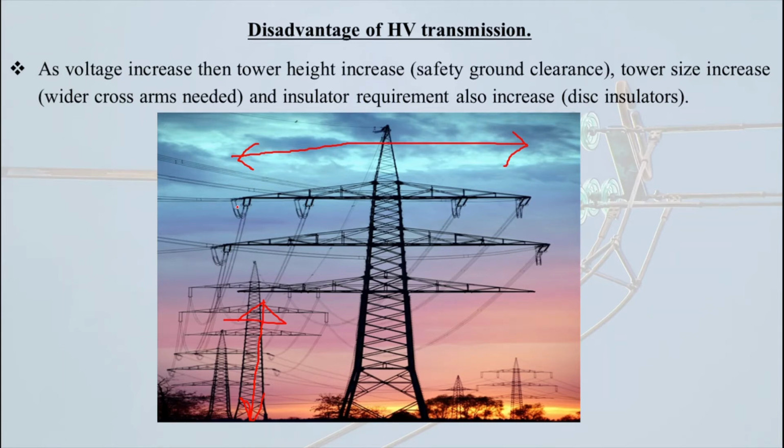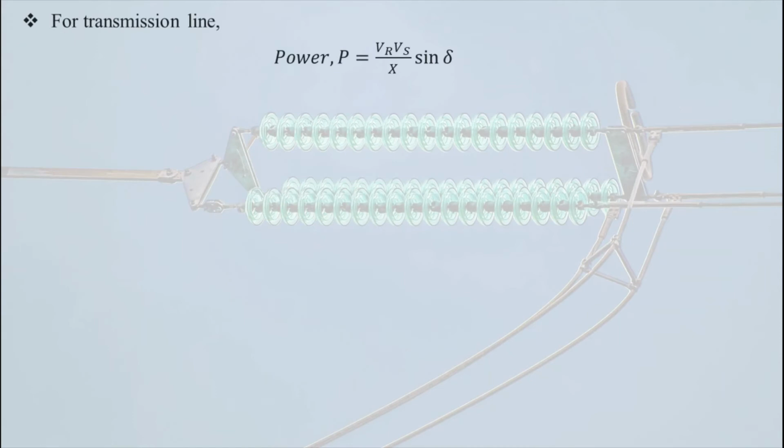Now for transmission line, power P equals VR into Vs into sin delta divided by X. Here VR is the receiving end voltage, Vs is the sending end voltage, and X is the line reactance. Now for delta equals 90 degrees, sin 90 degrees equals 1. So we get Pmax equals Vs into VR by X. Pmax is the indicator of stability.